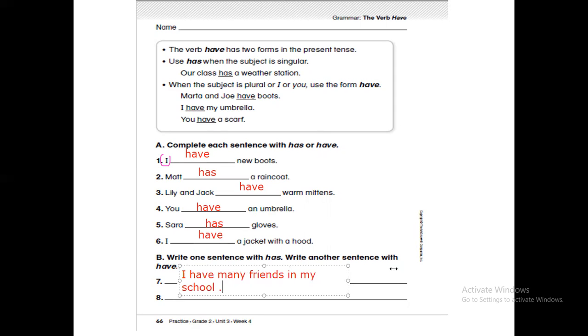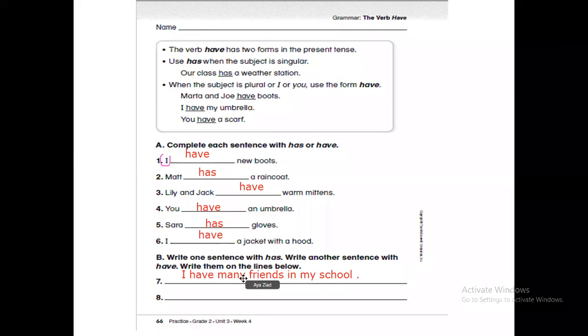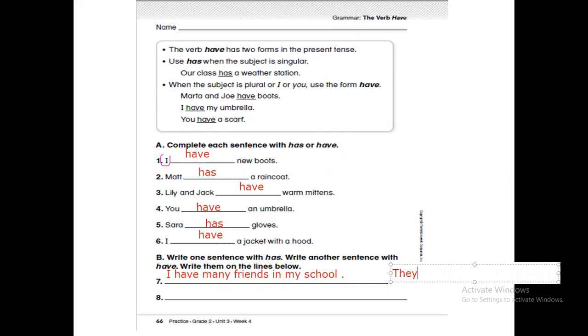They have a big family. You must write only one sentence, okay? They have a big family. They have a nice house.